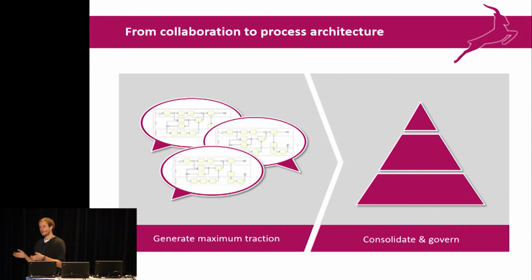But also then to guide the process towards a new state in your process architecture, to consolidate things, to organize things, to govern change. Also aspects like process variance. So you might conceive a process change. Does it apply to my organization globally? Does it only apply to certain product lines or certain locations? Those are all the questions you ask yourself when talking about a process architecture, and not only one chunk or one chain of activities.